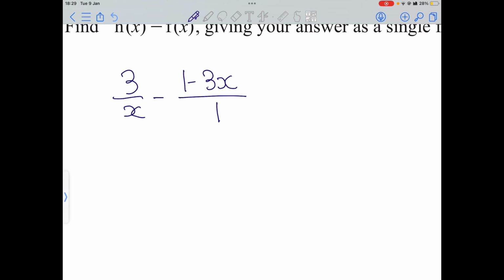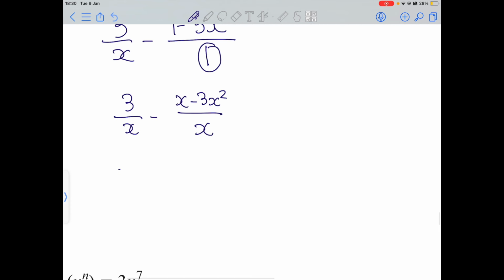Now I have to bring the second denominator to x. So it's going to be 3 over x. Multiply this by x, so the top number also becomes multiplied. That gives me x minus 3x squared. When I do the subtraction, 3 minus x, because I'm applying the negative sign to the x minus 3x squared, it becomes minus x plus 3x squared, divided by x.